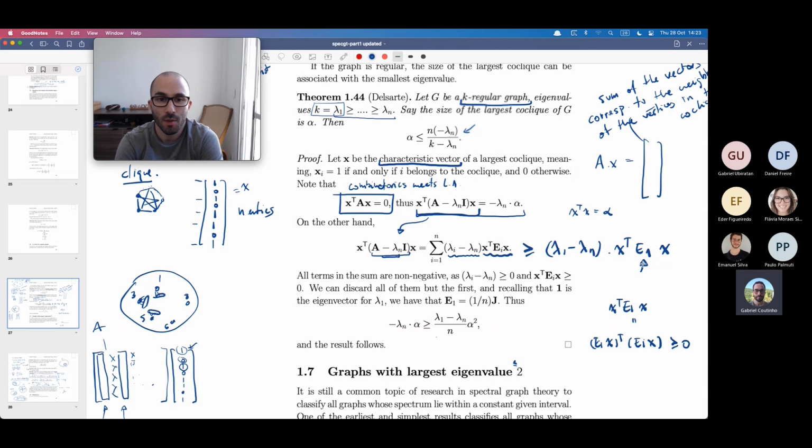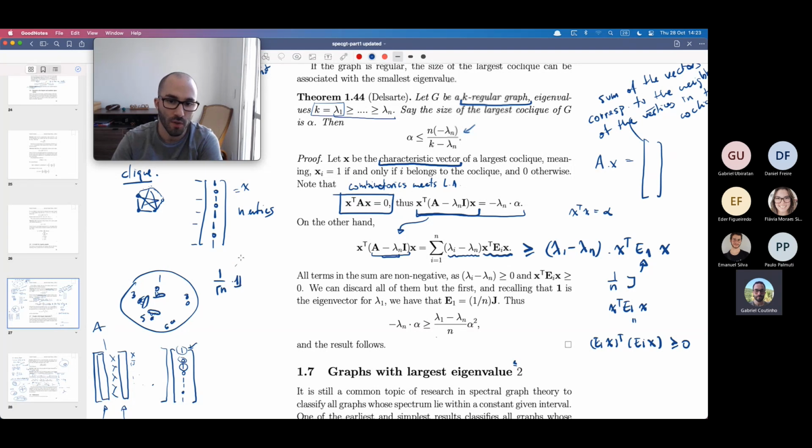But I know which matrix this is. This is the all ones matrix. The graph is regular. Lambda 1 is the largest eigenvalue. It's equal to k. Its only eigenvector is the all ones vector. The projection onto the all ones vector is the all ones matrix scaled. The normalized vector is 1 over square root of n.